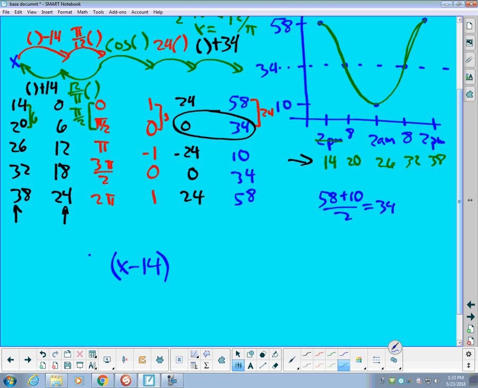We multiply that whole thing by pi over 12. It all goes into a cosine, which I then multiply by 24 and add 34 onto it, and that should give me the temperature X hours after midnight.